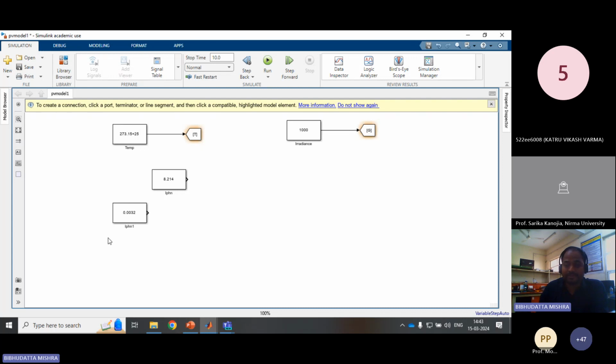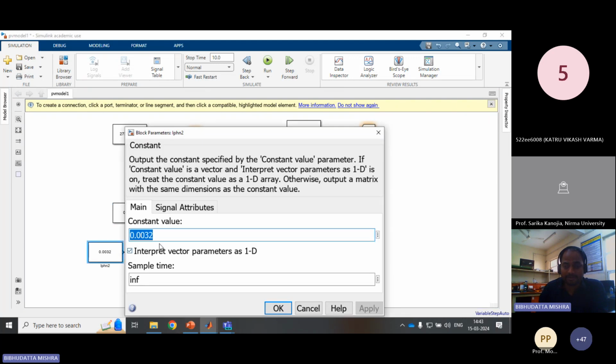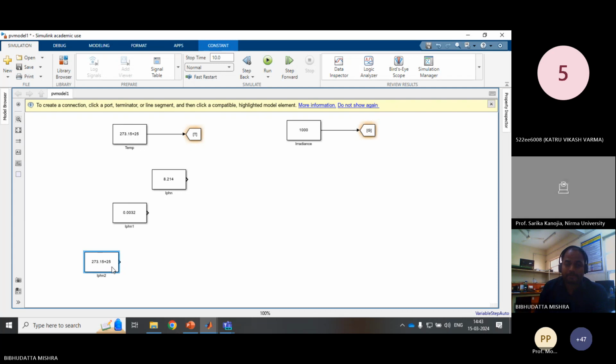And Tn being fixed, we can make the Tn value constant, that is 273.15 plus 25 degree, 25 degree converted to Kelvin.